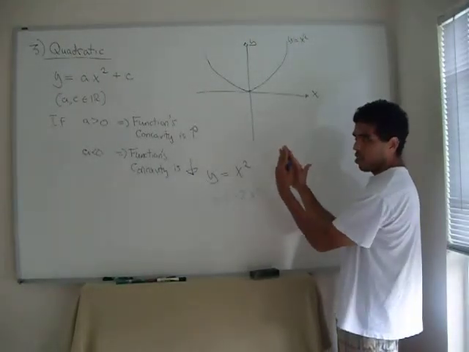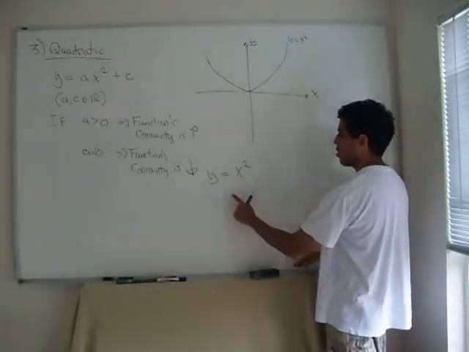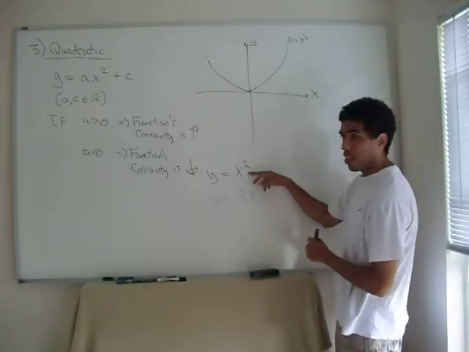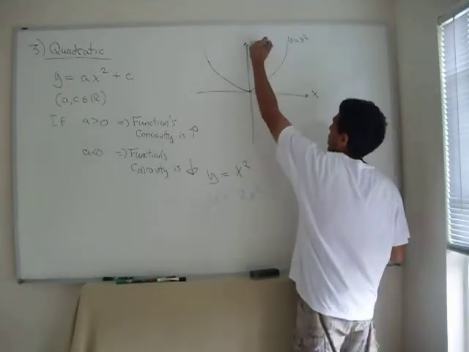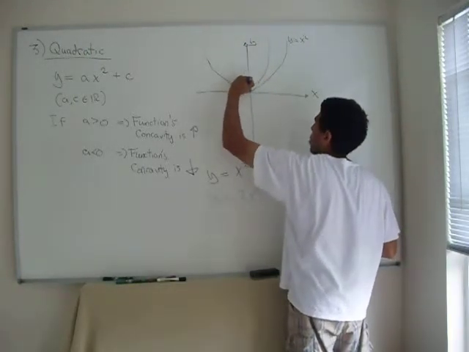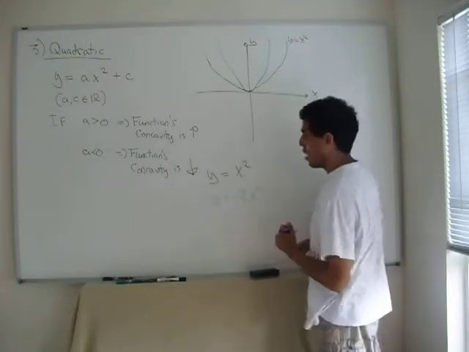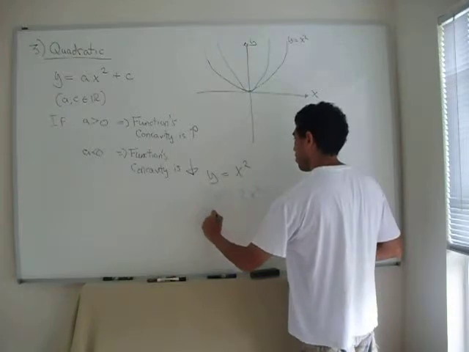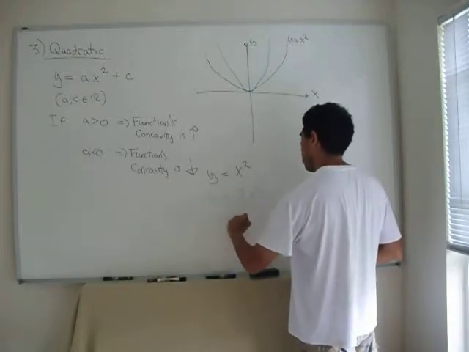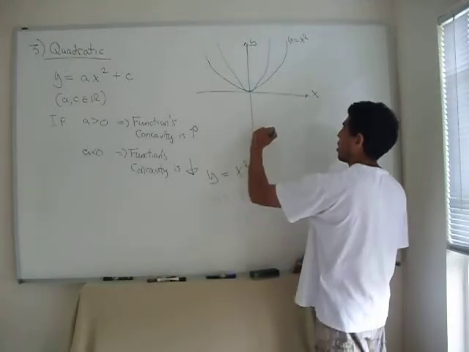Okay? Let's do the positive one first, just for the sake of example and comparing it against x squared. 2x squared is going to look a little bit like this. And if we do minus 2x squared, it's going to look a little bit like this.